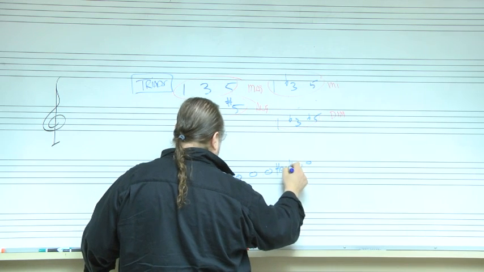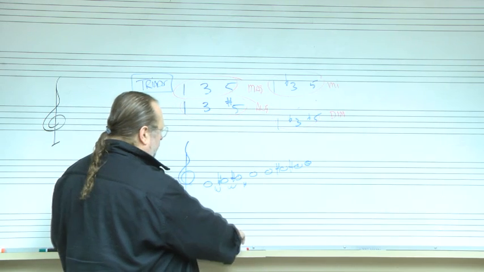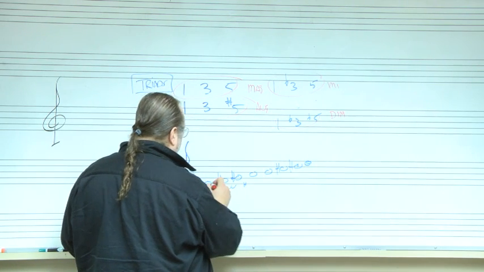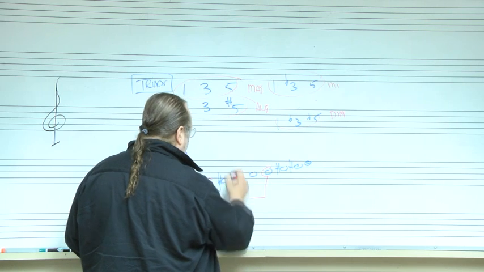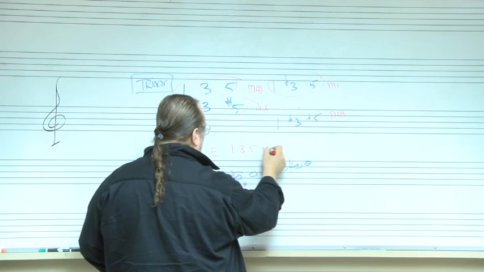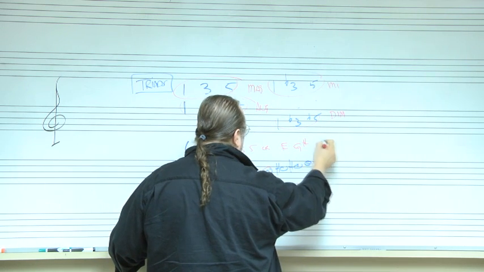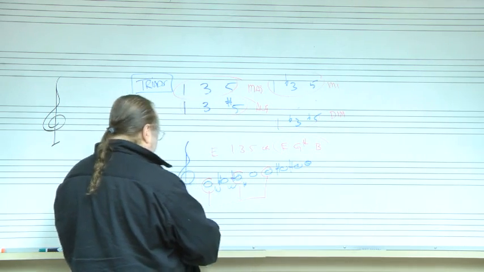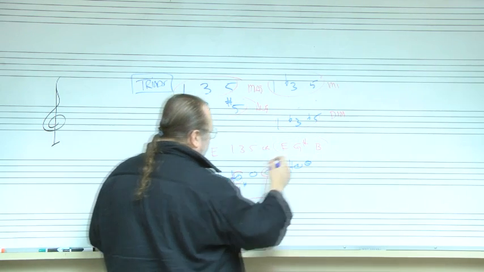Here's our E major scale, so here's our E major chord. 1, 3, and 5, right? E is 1, 3, 5, or E, G sharp, and B. If you want to make that minor, you got to take the third, and flat it. It would be G natural.